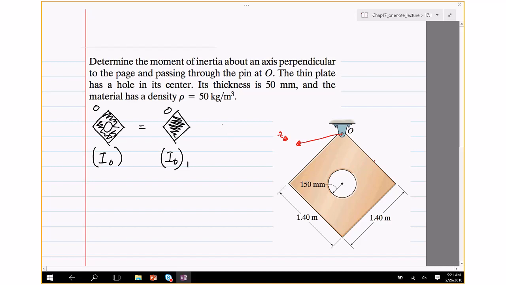We'll find the inertia for a hole, well, not really a hole, a circular plate with the same density, same thickness, about point O. I'll call that 2. I'll take IO1 minus IO2, and this is going to be my answer. So all I need to do now is find IO1 and IO2. The reason I broke it down in this fashion is because the table gives me formulas for those two geometries.